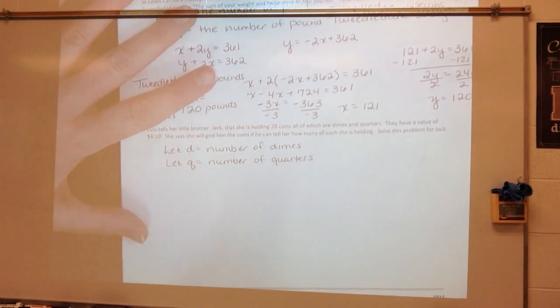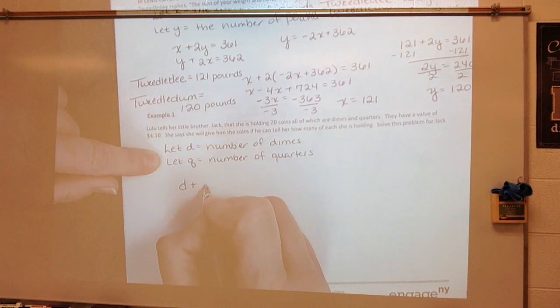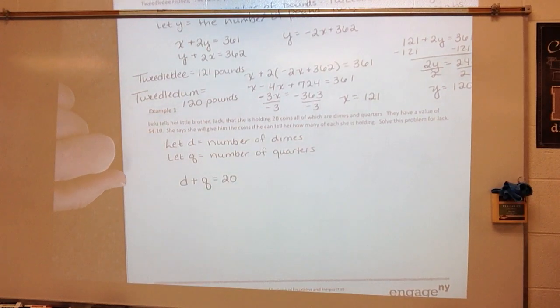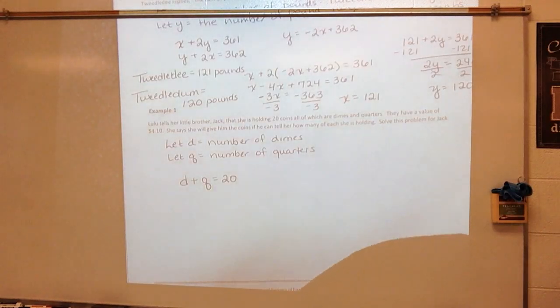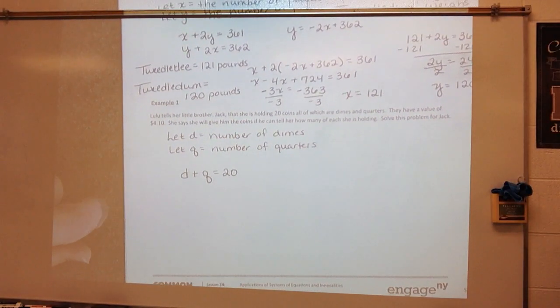So my first equation is, I know that I have a number of dimes, a number of quarters, and that is going to give me a total of 20. Okay? My second equation is going to be with the total amount that she has. So, I've got to think about this.